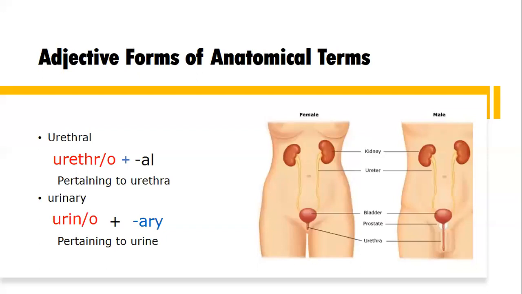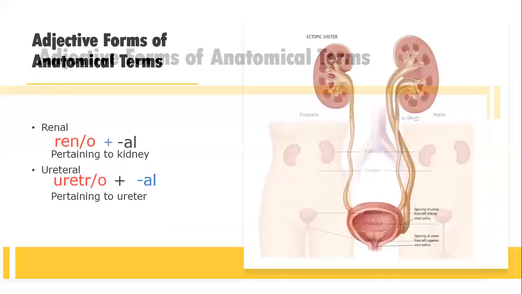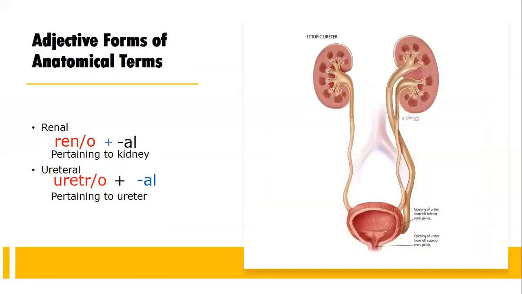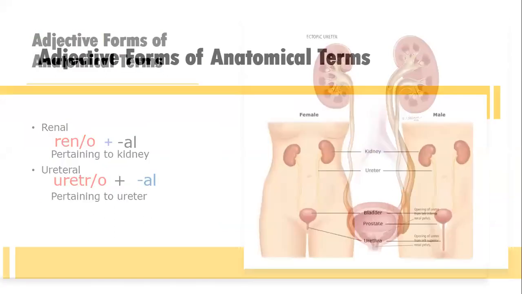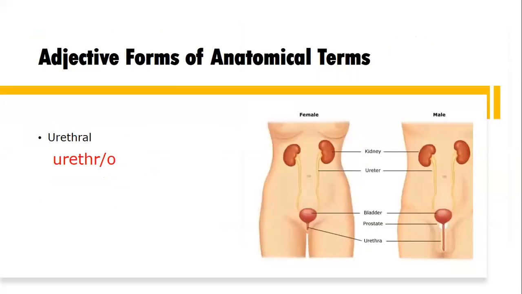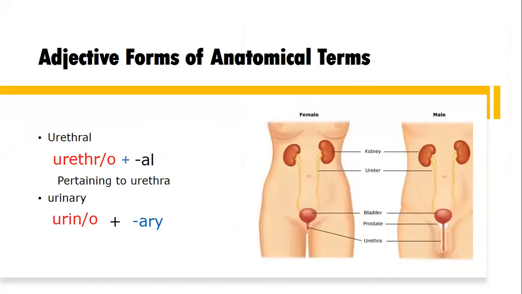We mentioned them maybe very fast, but it is very clear that the terms renal or nephro, ureter or urethro, or urine are the main adjective forms of anatomical terms related to the urinary system.